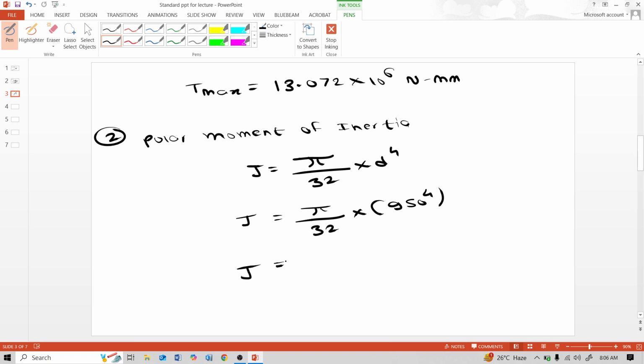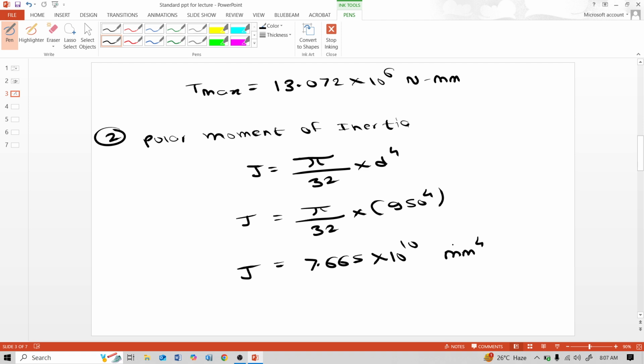So this polar moment of inertia, pi into 950 raised to 4 divided by 32, is 7.996 into 10 raised to 10 mm raised to 4.